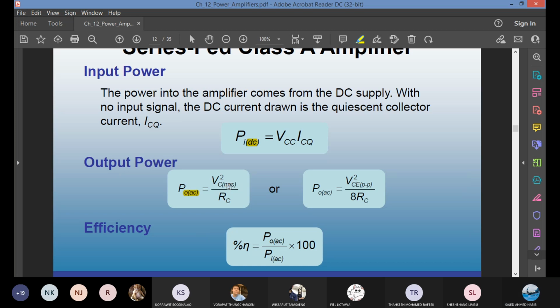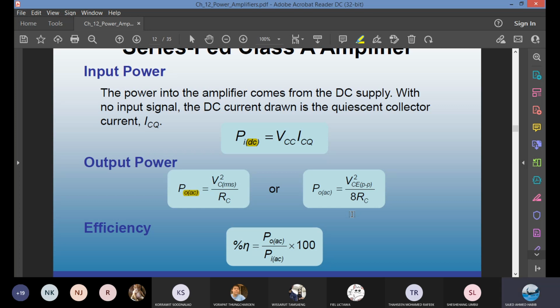What is RMS? If you take peak to peak divided by 2√2 for the sine wave, you get the RMS. So it is converted to peak over 2√2. When you square that, you get V squared CE, from C to E. If you square the 2√2, you get 8. So it's V squared CE peak to peak over 8 RC.